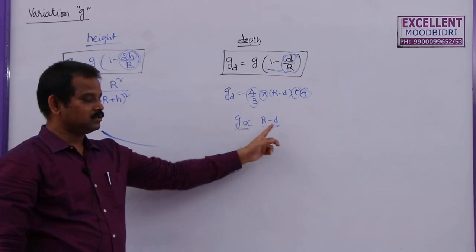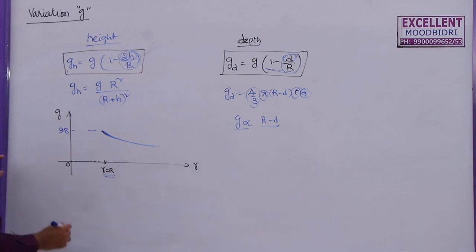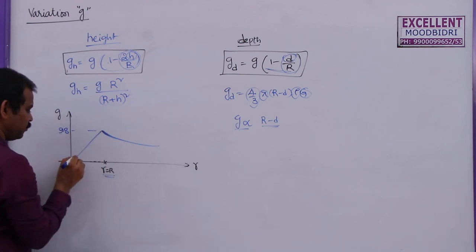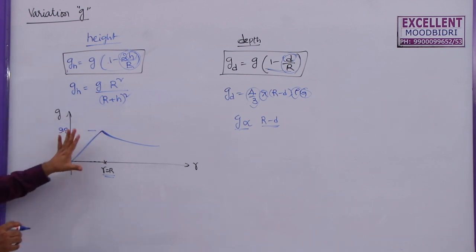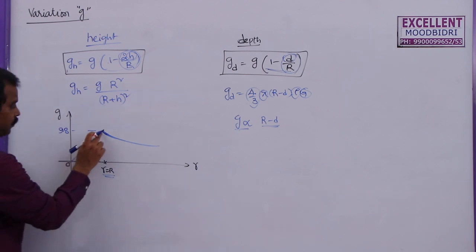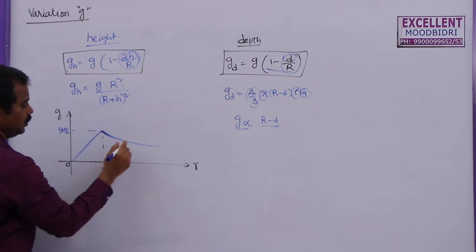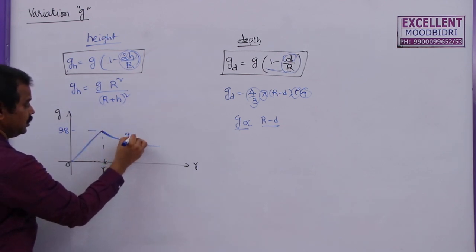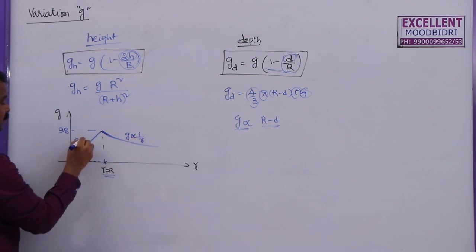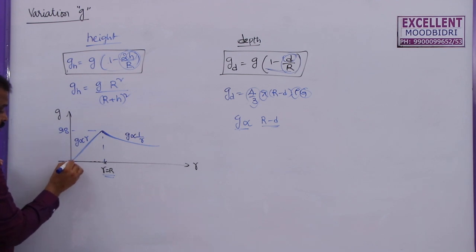If two physical quantities are directly proportional to each other, this can be drawn as a straight line passing through the origin. So this is the curve that gives the variation of small g with depth up to here, and after that with the height. Above the surface, g is inversely proportional to the distance, but inside g is directly proportional to r. At the center, when r is equal to 0, g will become 0.